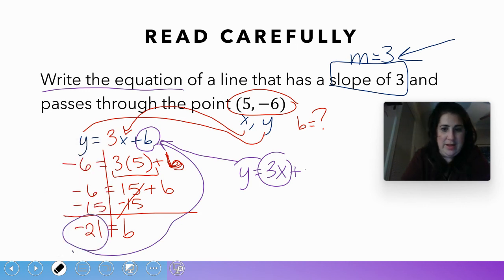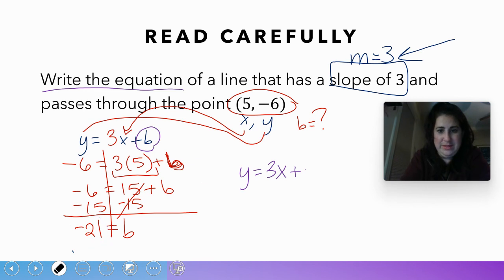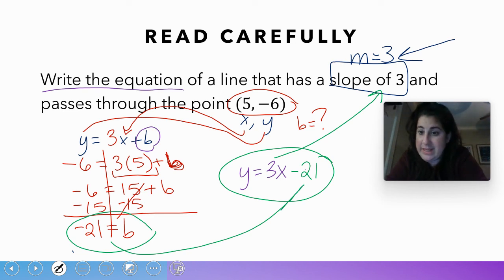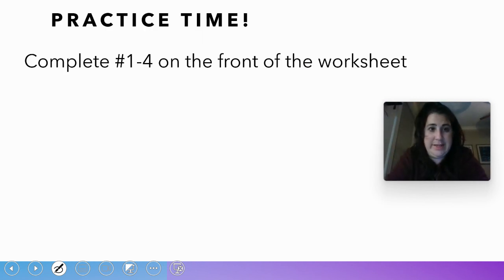So let me erase a lot of extra stuff that I just drew. Okay, so my b is -21, and I'm going to put that into my equation, minus 21. And there we go. There's my equation. It's my slope of 3, and then my answer of -21 that I just found. And then I'm done.